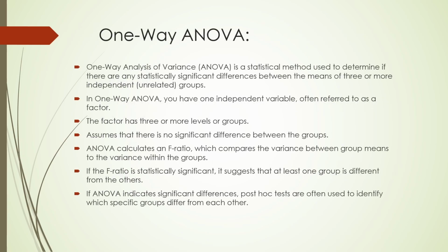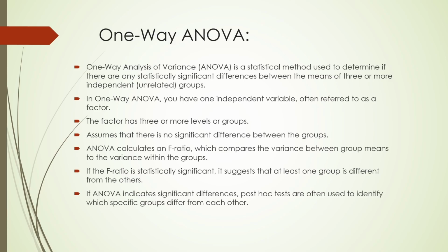One-way ANOVA is a statistical method used to determine if there are any statistically significant differences between the means of three or more independent groups. It is often referred to as having only one factor, and the factor has three or more levels of groups. Let's assume that there is no significant difference between the groups.